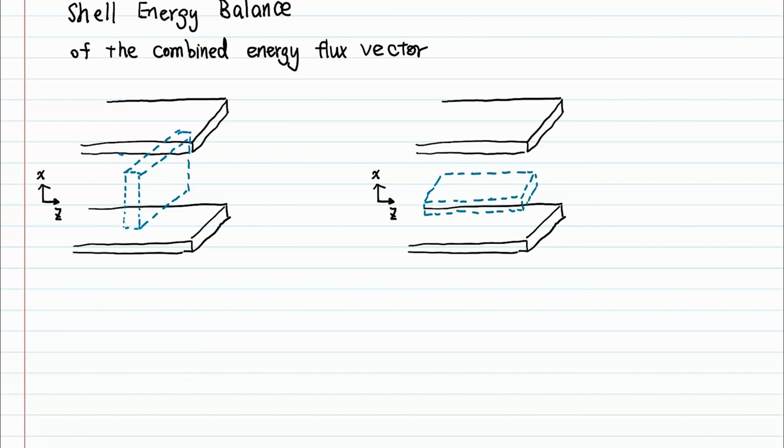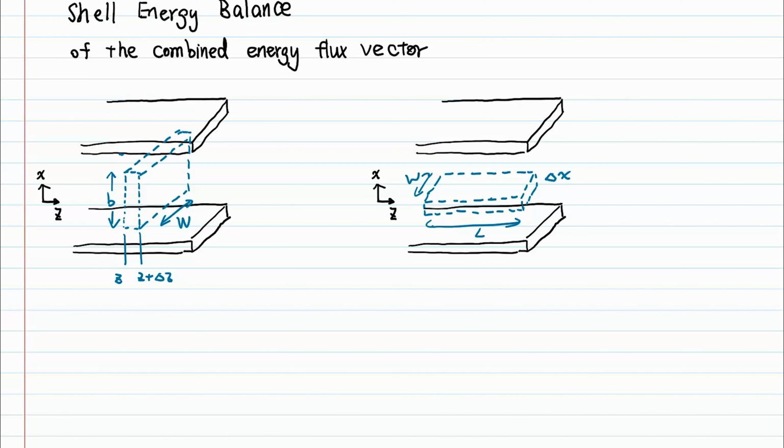In the first type of shell, on the left-hand side, you would be defining z and z plus delta z, a very thin thickness in the z direction but no other restraints, so the height is b and the width is w. For the other, you have your delta x, the width w, and the length L.